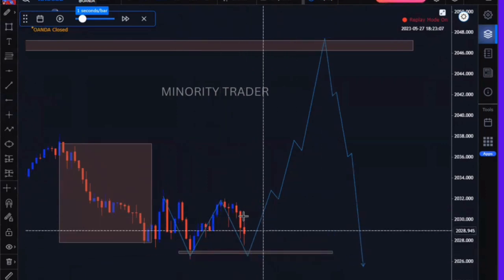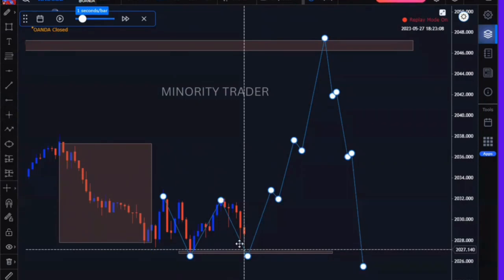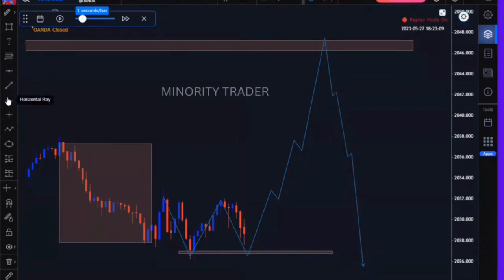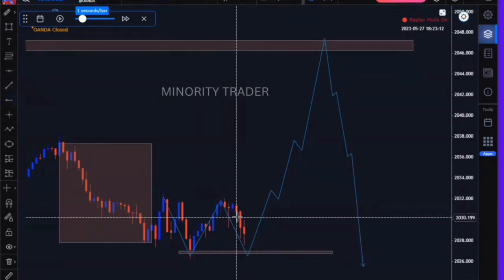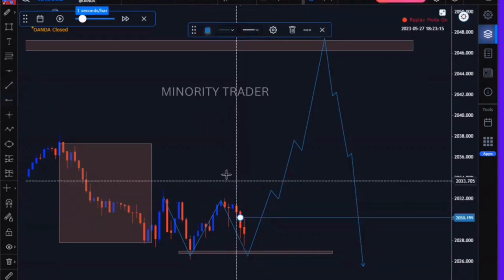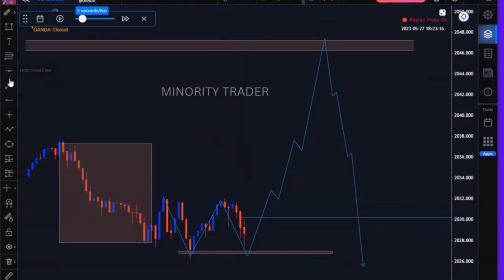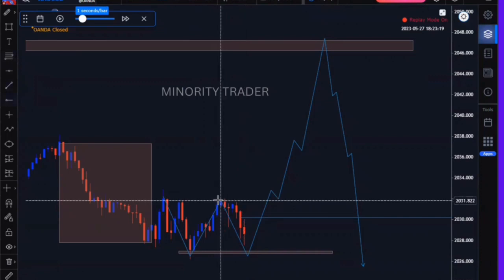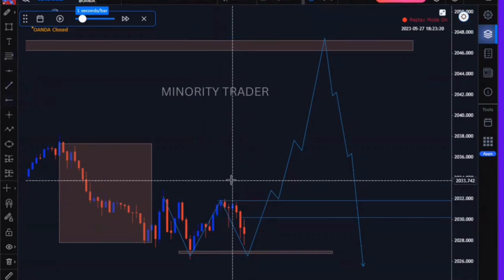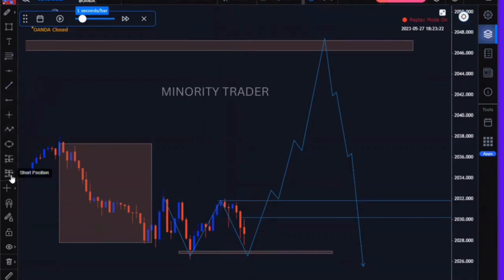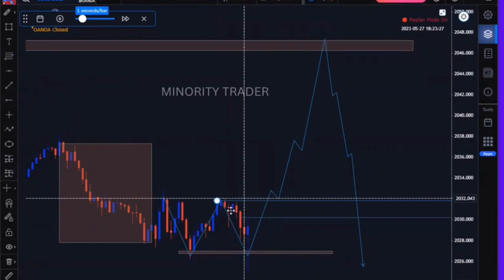So what we're waiting for is our entry confirmation at this area here. Right? So you can set your pending orders either at this price action here, right? Or at this price action here. You can set your pending orders at that level there. And we're waiting for the entry confirmation, right?